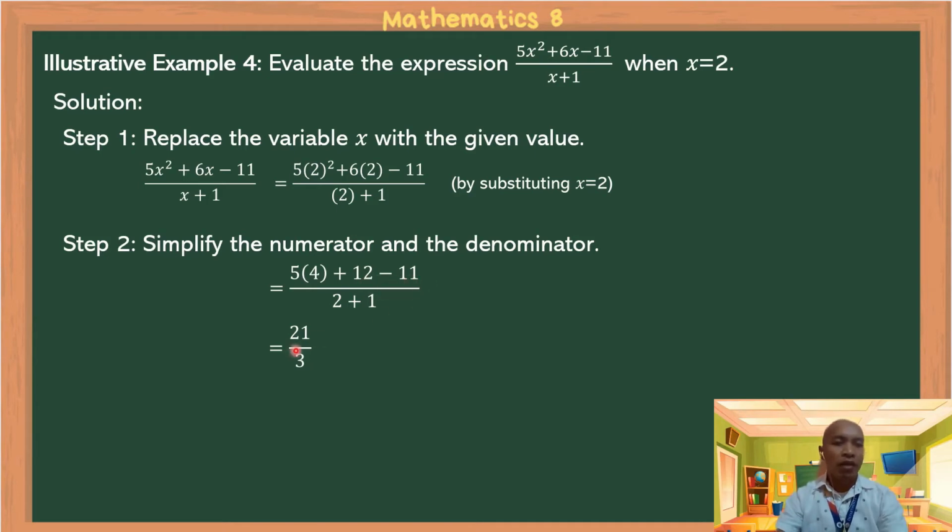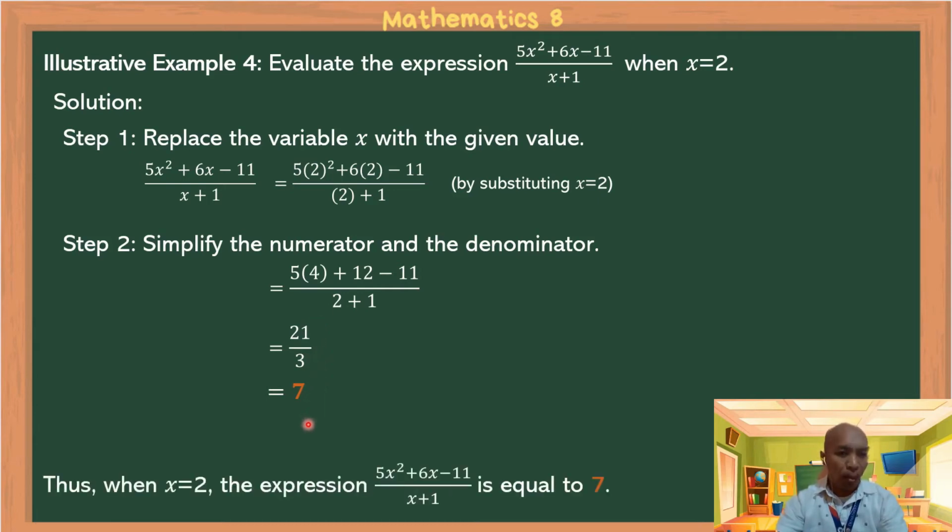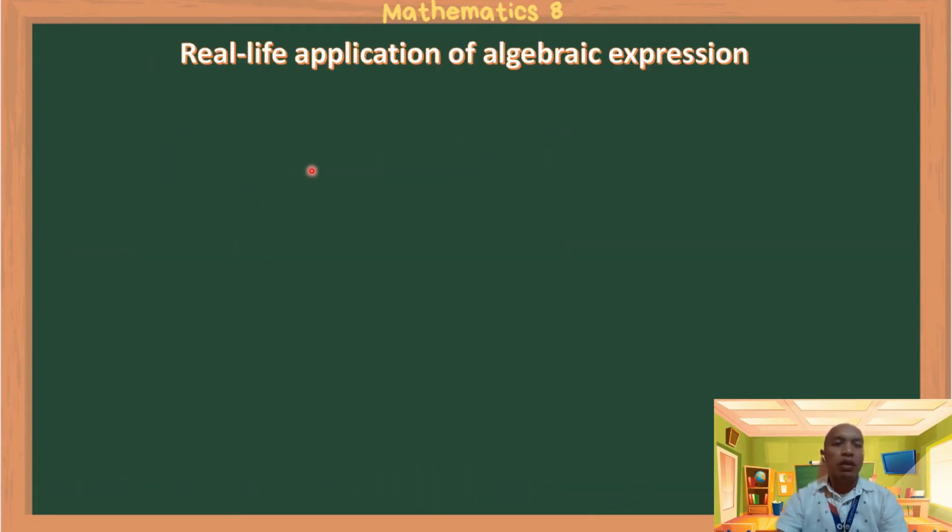Then minus 11 is 21. And 2 plus 1 is 3. So 21 divided by 3, since this fraction can be simplified, becomes 7. Thus, when x is equal to 2, the expression 5x squared plus 6x minus 11 all over x plus 1 is equal to 7.